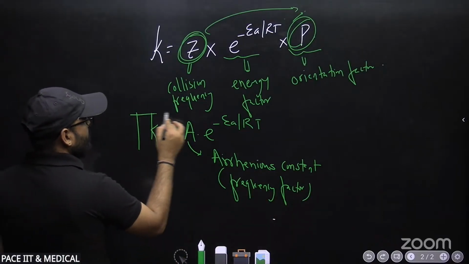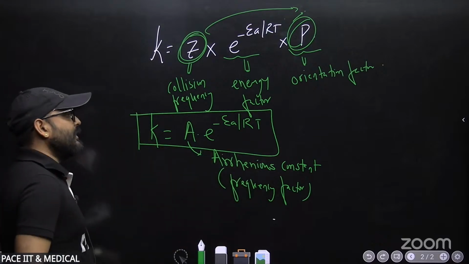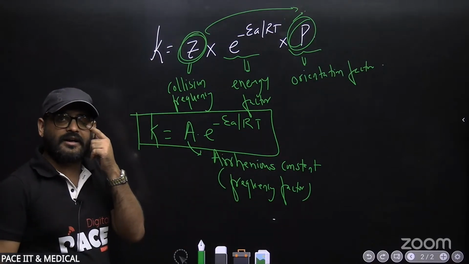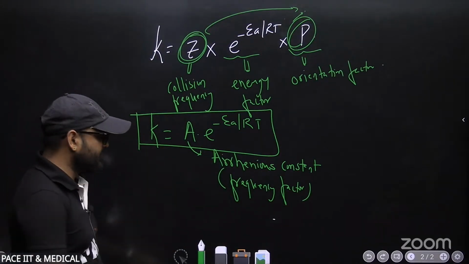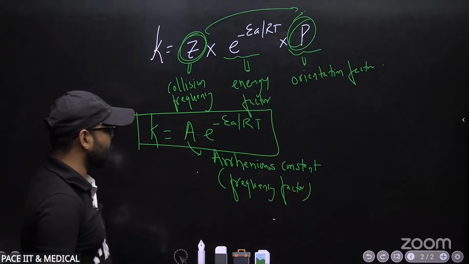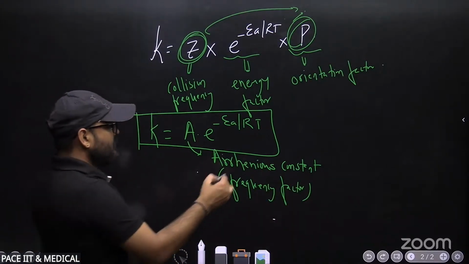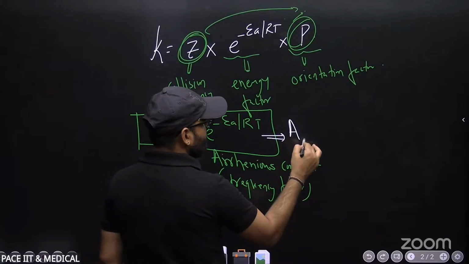K, the rate constant, is equal to A into e raised to power minus EA by RT. This equation is known as the Arrhenius equation.